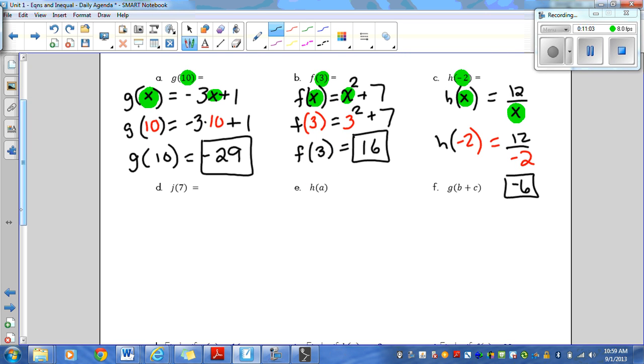Okay, now, you can also plug in a variable. This one is just like the others, but it says h of a. So instead of plugging in a number, you're actually going to be plugging in a variable. You're going to be plugging in a for everywhere you see an x.